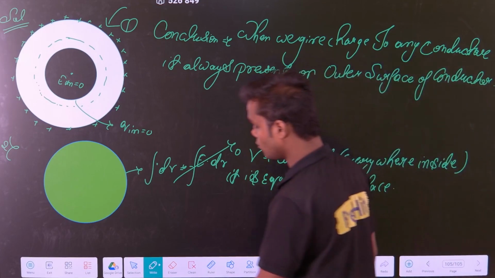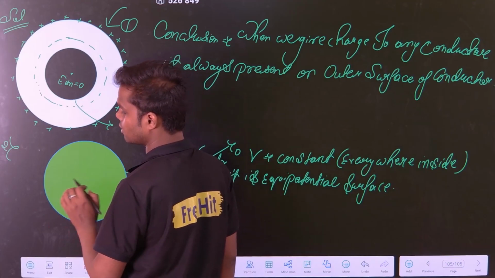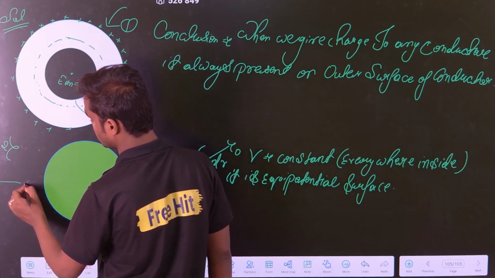If I ask you how the electric field lines will be for this conductor, it will be something like that.